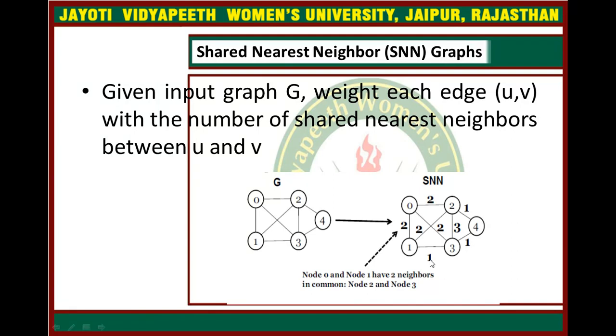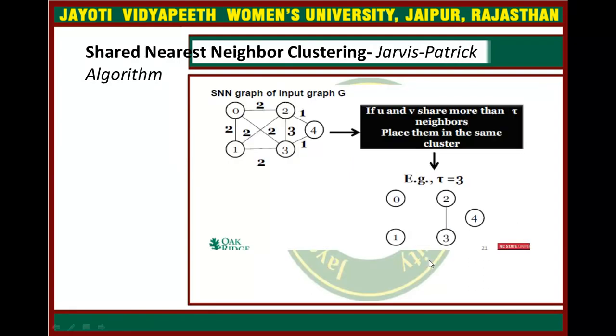Next come to the shared nearest neighbor clustering. This is given by Jarvis-Patrick. So this algorithm is called the Jarvis-Patrick algorithm. In this you can see the SNN, shared nearest neighbor graph of input graph G, where there are the two weights, and this is the 3 weight.